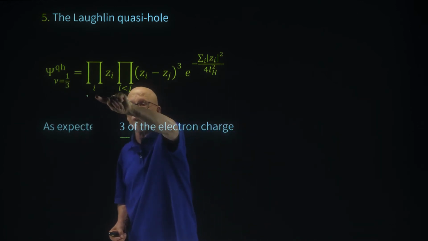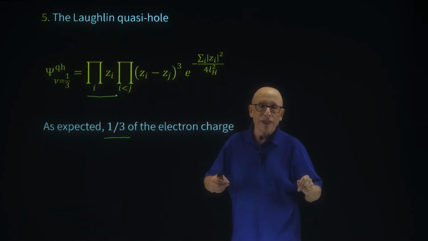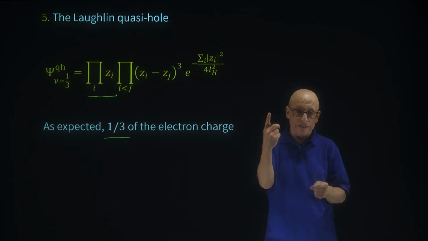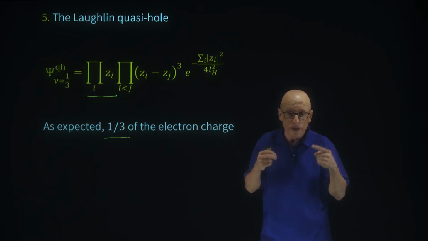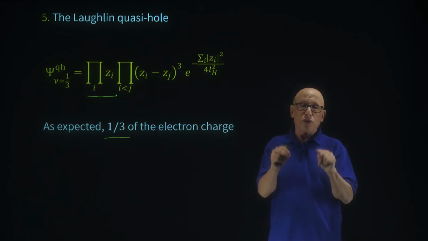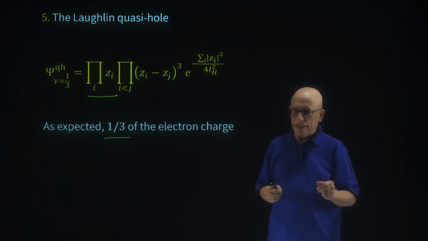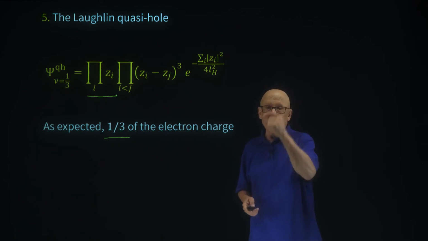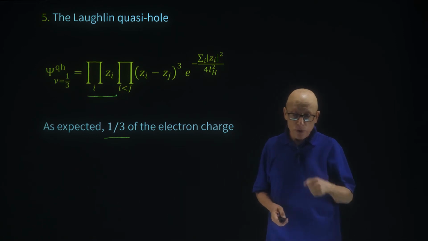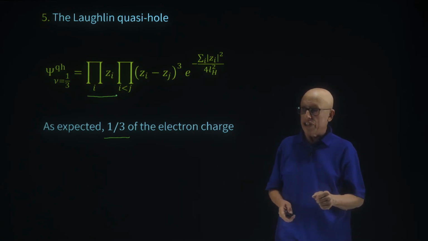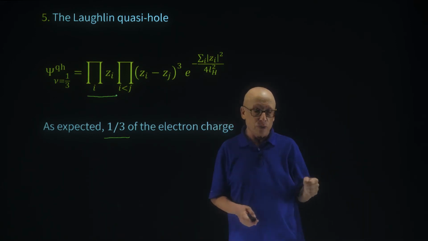So this operator now creates a quasi-hole not of 1 electron charge, but 1/3 of an electron charge, which is what we know should be the case for nu equals 1/3, as we saw in an earlier video. So now we have a trial wave function for nu equals 1/3, and we have a wave function for a quasi-hole.